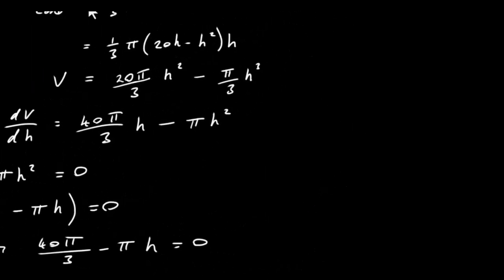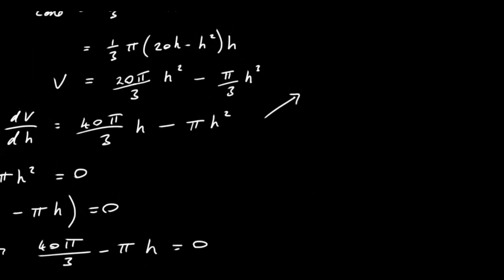So I'm going to do that over here. This is the first derivative here. So let's take the second derivative, d squared V over dh squared. That will give us 40π over 3 minus 2π h.